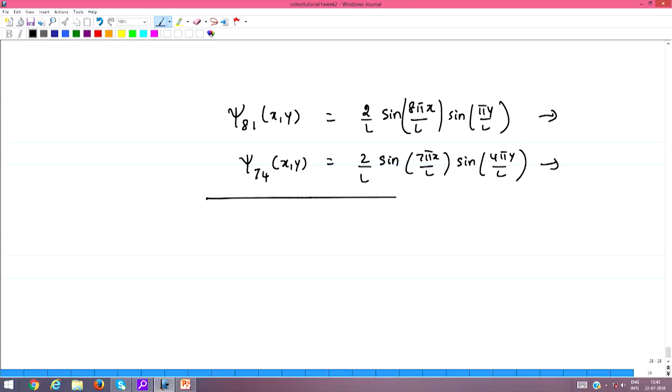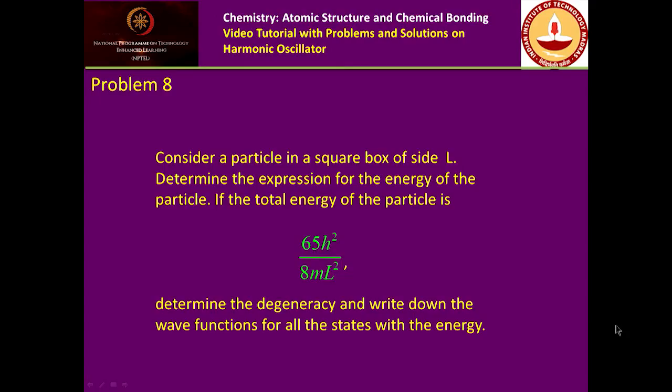So, these are the 4 states that you have. I think that is what this problem is asking you to do, to determine the degeneracy and write down all the wave functions.